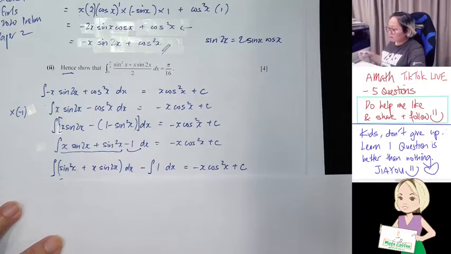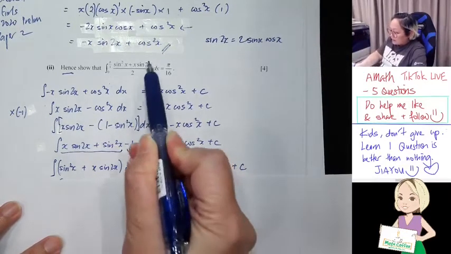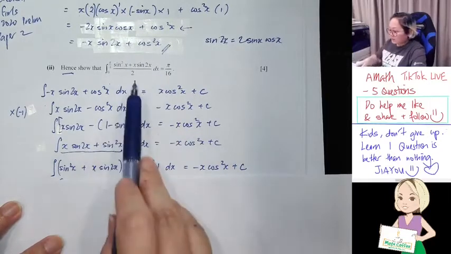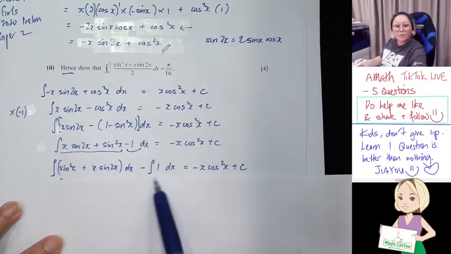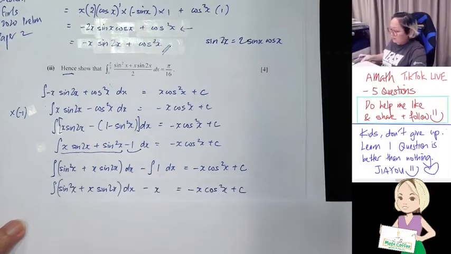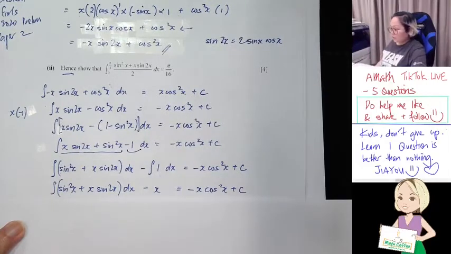Let's move on. So, do you see this part is now exactly the same as the numerator? The only difference is there's a divide by 2, right? So it's okay. But before I do times 2, let's integrate this part as per normal, because we can integrate 1. So it becomes, integrate 1 is just x. Okay?